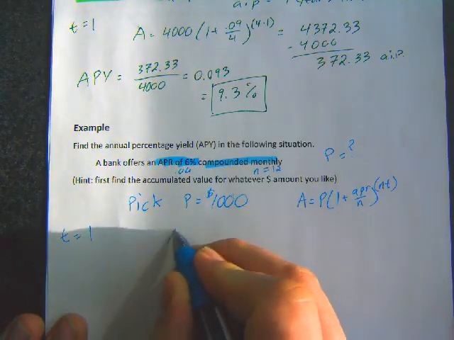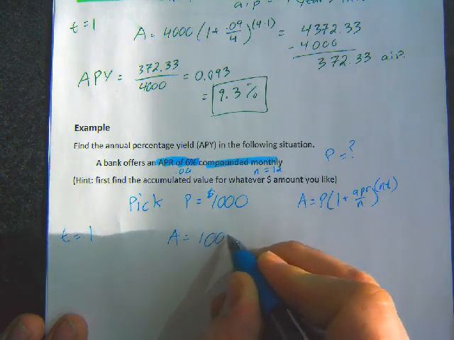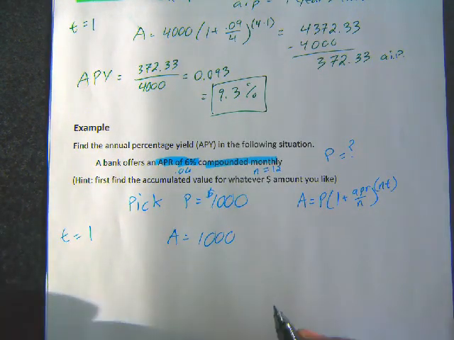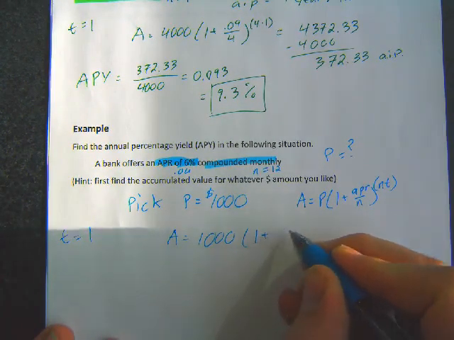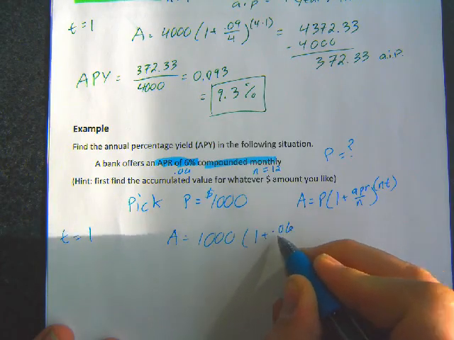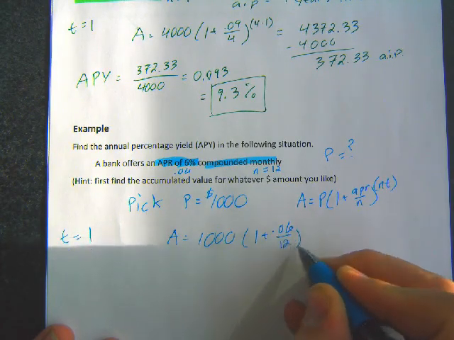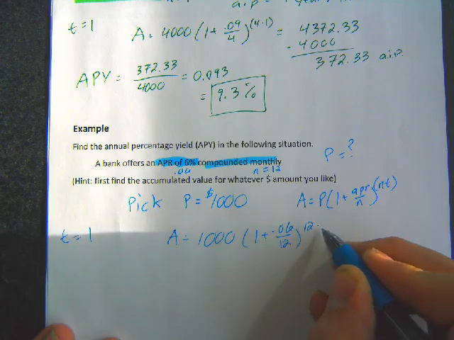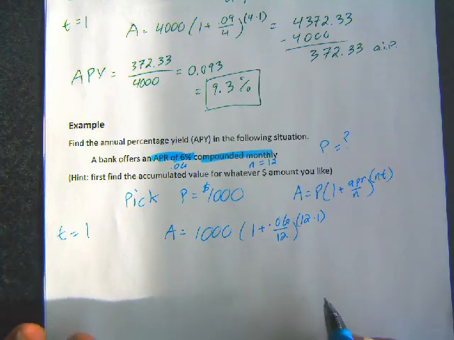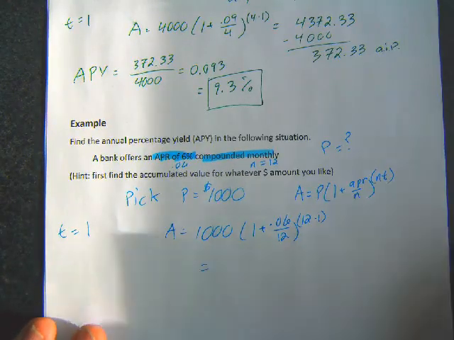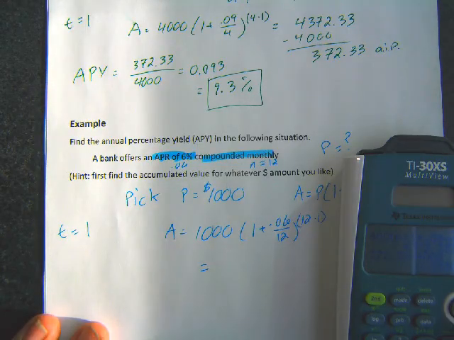So using the formula, we have our principal, $1,000, times 1 plus 0.06 over 12, to the 12 times 1 power, and that'll give us how much this is going to be worth after 1 year.